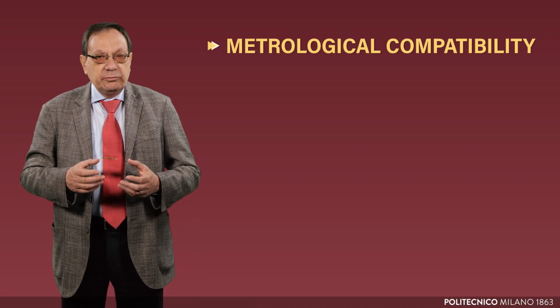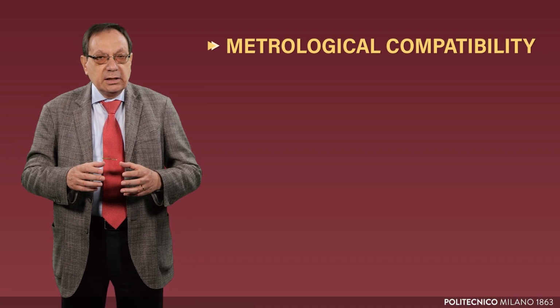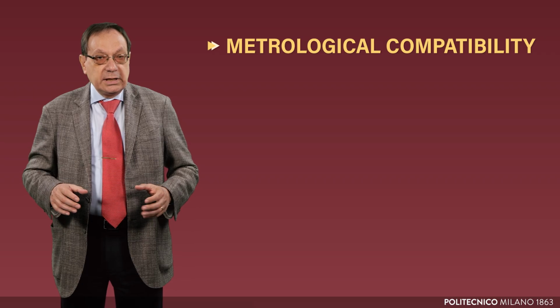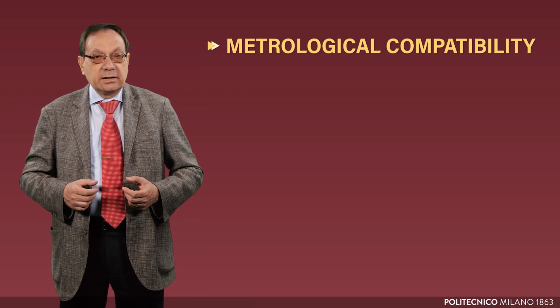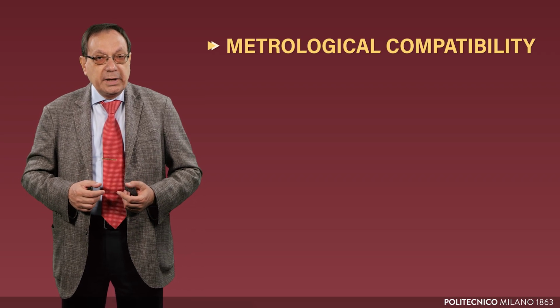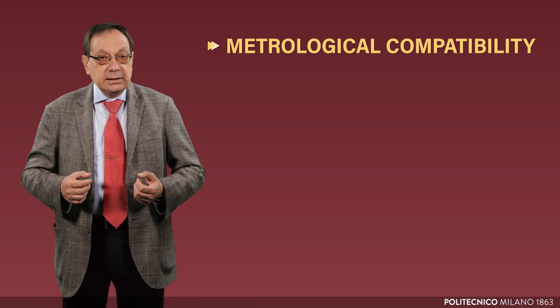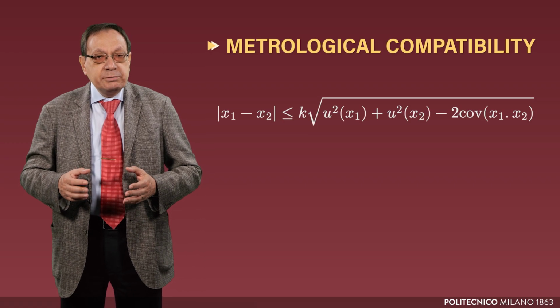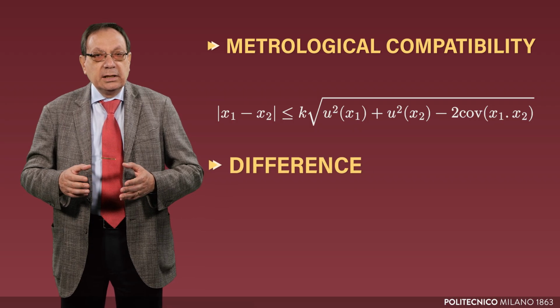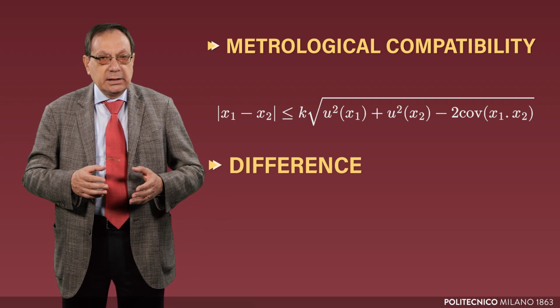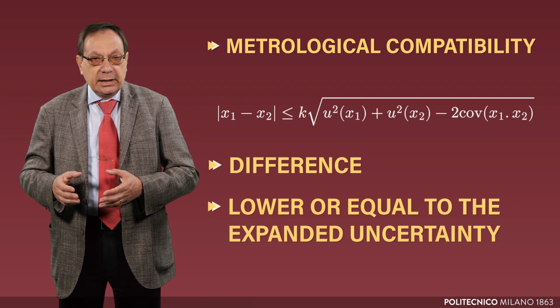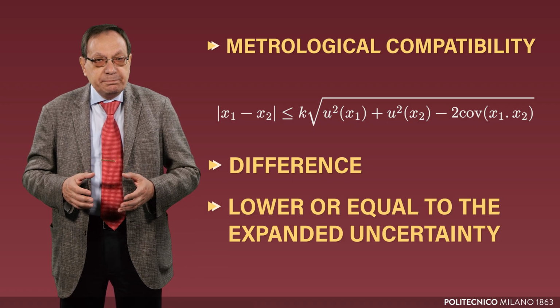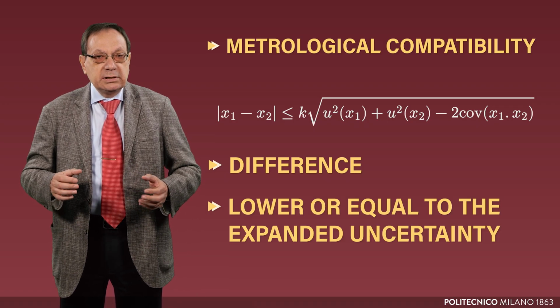It follows that metrological compatibility, which occurs, as we have seen, when we have no grounds to state that two measurement results refer to two different measurands, is mathematically described by this relation, that is, when the absolute difference between the measured values x1 and x2 is lower than or equal to the expanded uncertainty with which it has been evaluated.